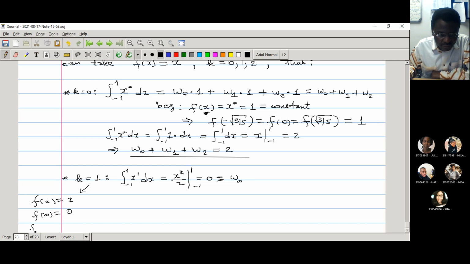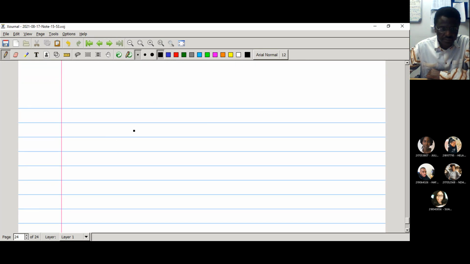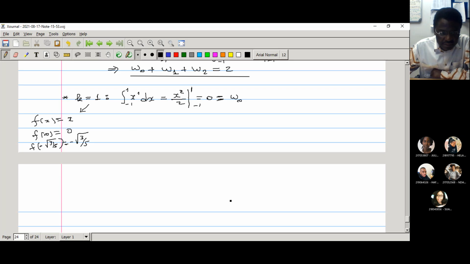Now, if I take f of negative square root of 3 by 5, it's exactly the same thing. Negative square root of 3 by 5. It's exactly the same thing, because that is the argument. Similarly, f of square root of 3 by 5 is exactly square root of 3 by 5.